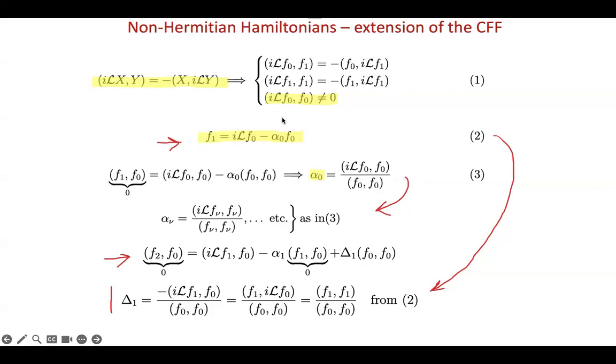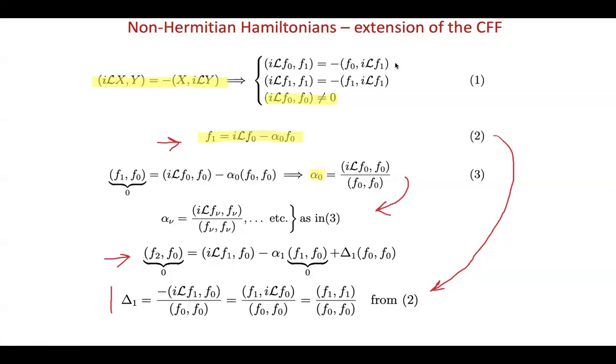And IL F0 comma F0 will certainly not be 0. Unlike before, because before, the moment you did IL F0, it would just give you F1, and F1 and F0 would be orthogonal, so that would give you 0. So clearly, this is not orthogonal.